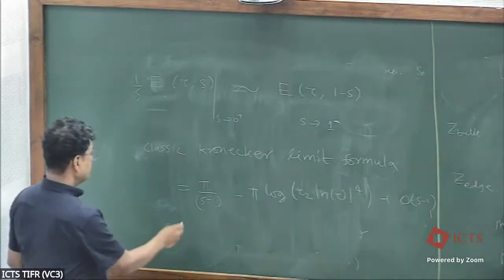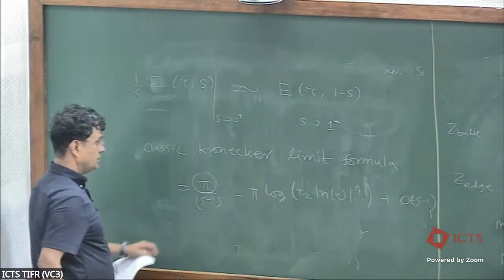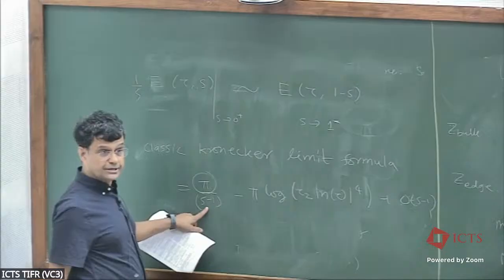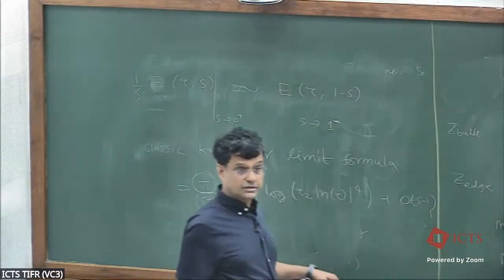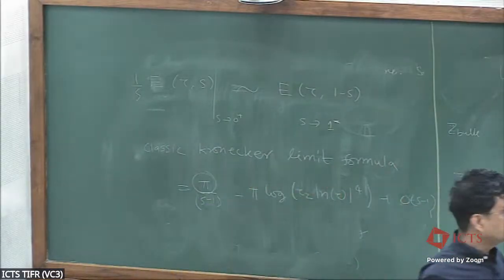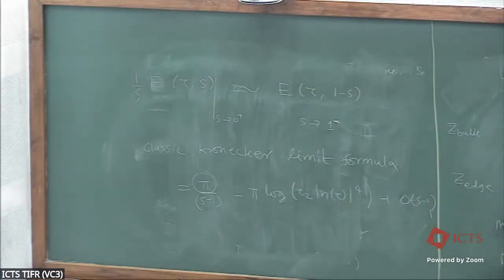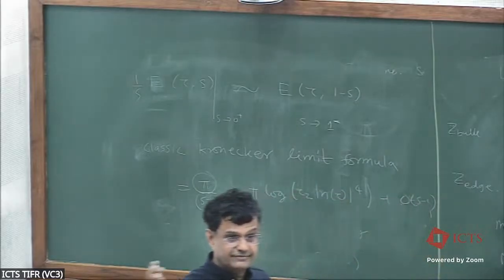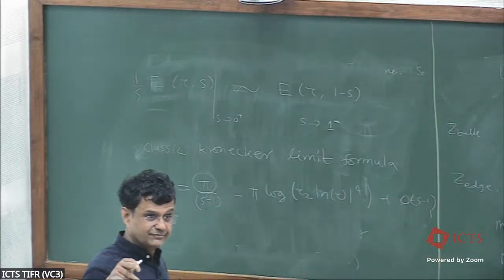The important point is that the coefficient of 1 upon s minus 1, where there is a pole, is actually independent of tau. So when this derivative operator acts on it, it doesn't give you anything. So after the regularization, if you take the s going to 1 limit, it's a bit like the famous Ramanujan's formula, which gives you minus 1 upon 12.